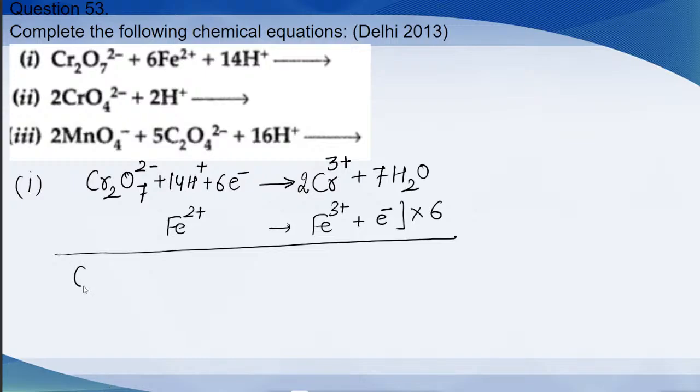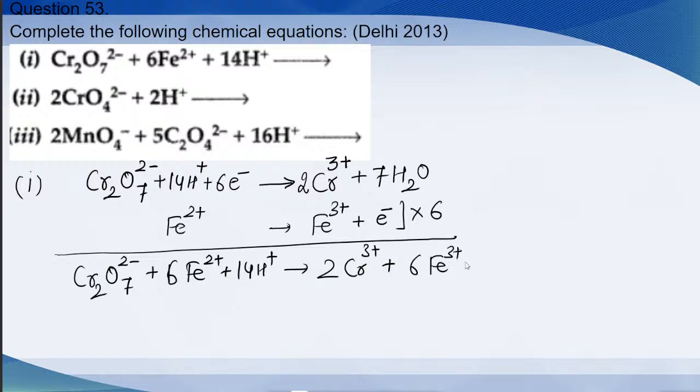So it becomes Cr2O7 2 negative plus 6 Fe2 plus 14 H plus gives 2 Cr3 plus 6 Fe3 plus and 7 H2O.